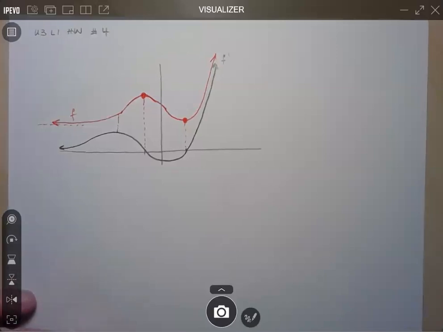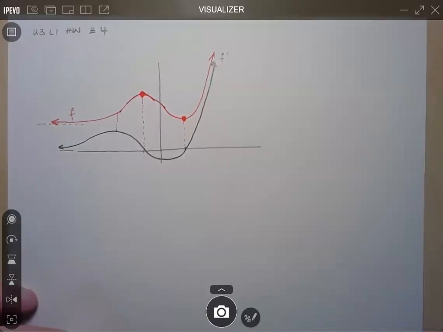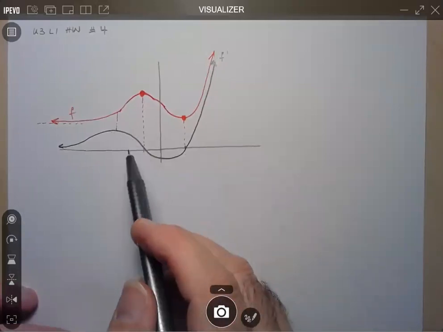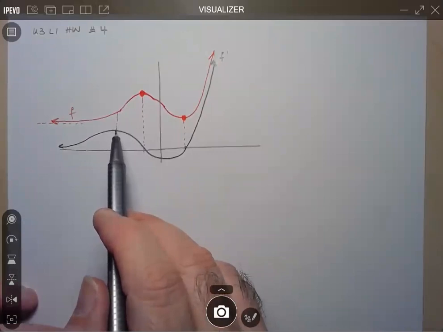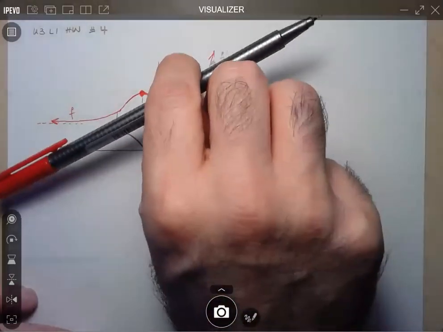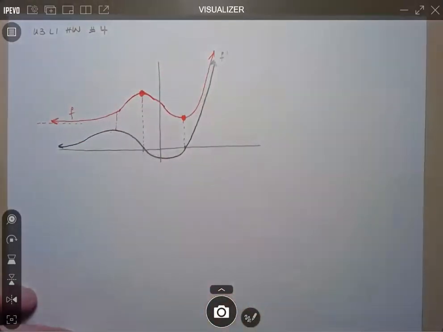You see that conversation that I talked out loud, that's the conversation I'd be having in my head if I was doing it on my own. And I suggest you talk it out as you're looking at the derivative, describe what the derivative is doing, and then make the connection to how the function has to behave.